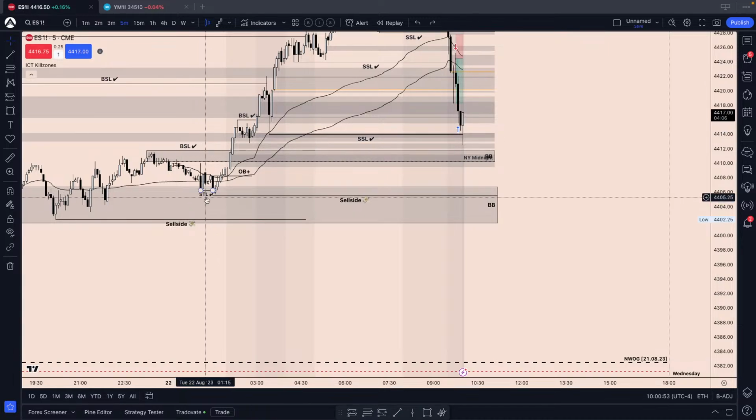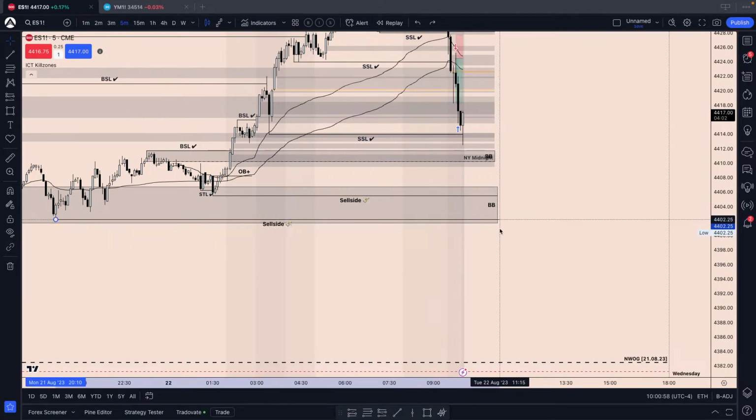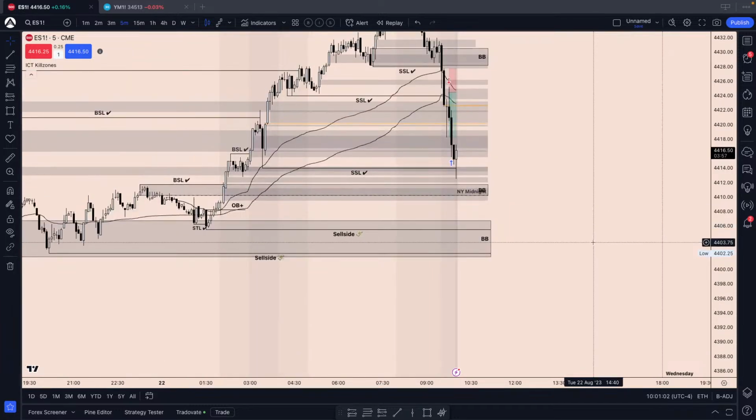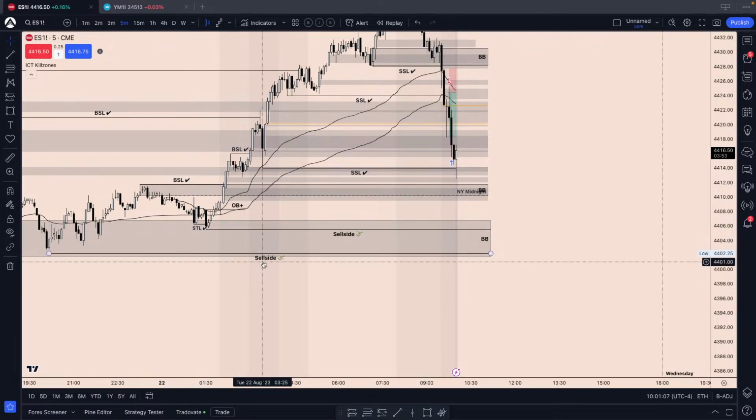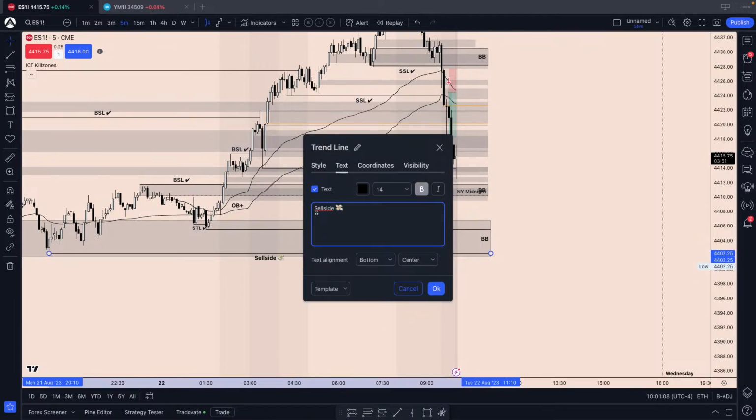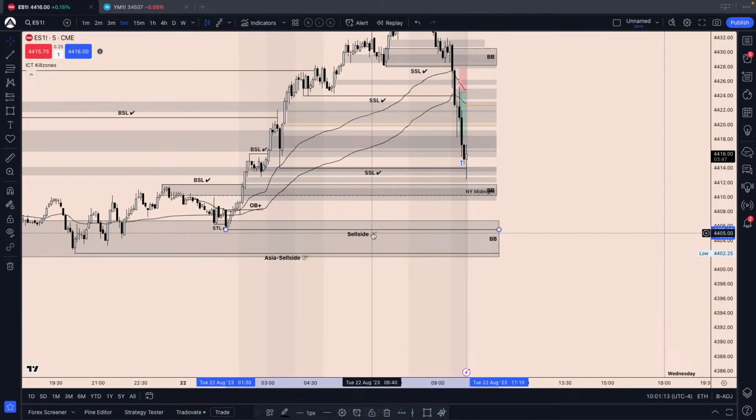Hang on, right here, beautiful 2022 model as well. This morning, that's our Asian session low right here. Hi, FX. Hang on. Asia sell side. London sell side, really.